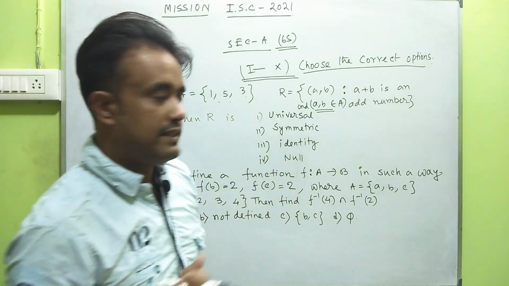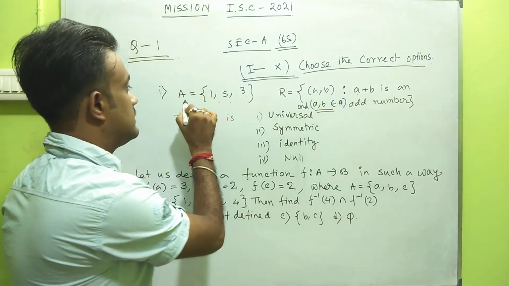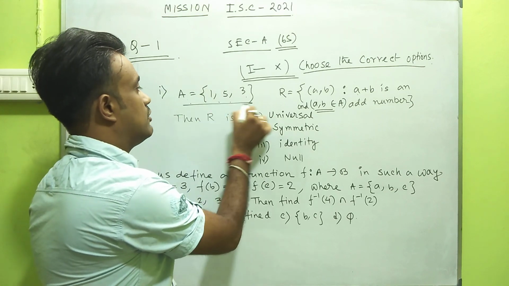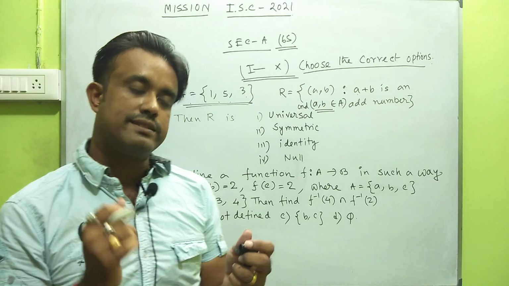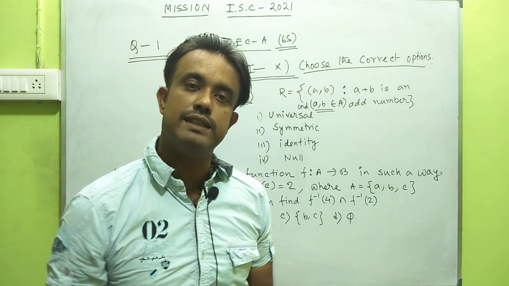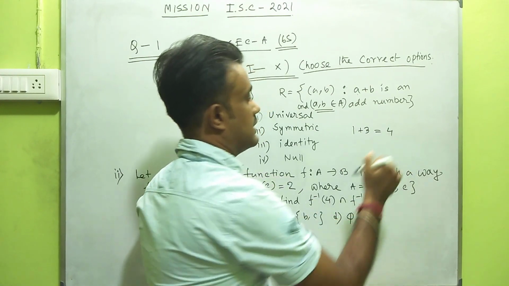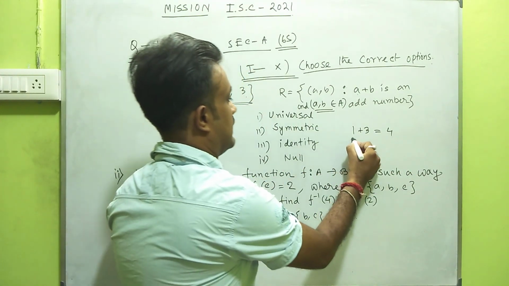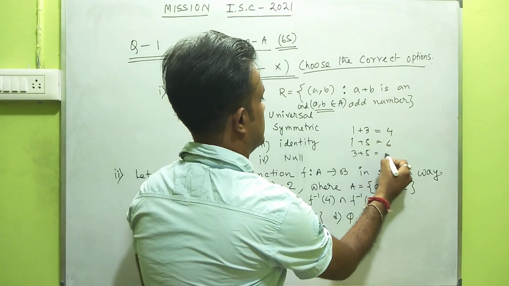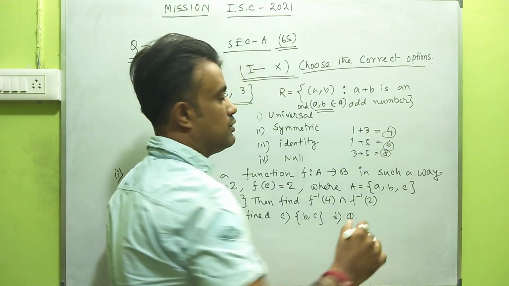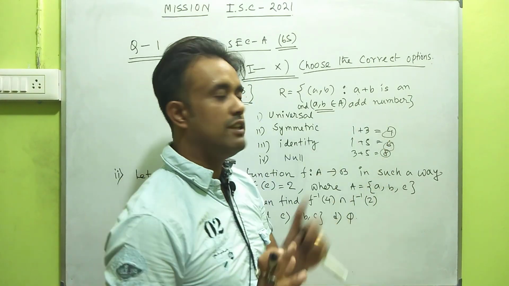So let us see, a and b are from the set A, and set A contains only odd numbers, and we know that the sum of two odd numbers must be an even number. If we check, 1 plus 3 gives 4, 1 plus 5 gives 6, 3 plus 5 gives 8, all are even numbers, we do not get any odd number.